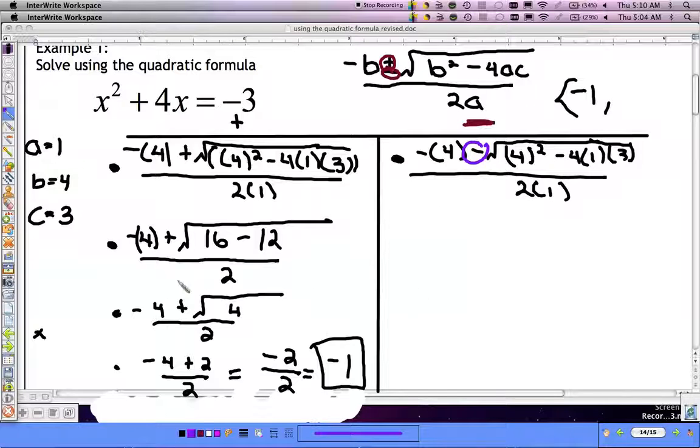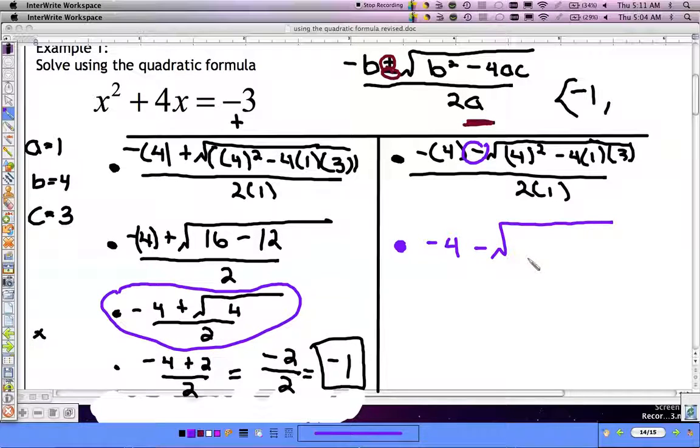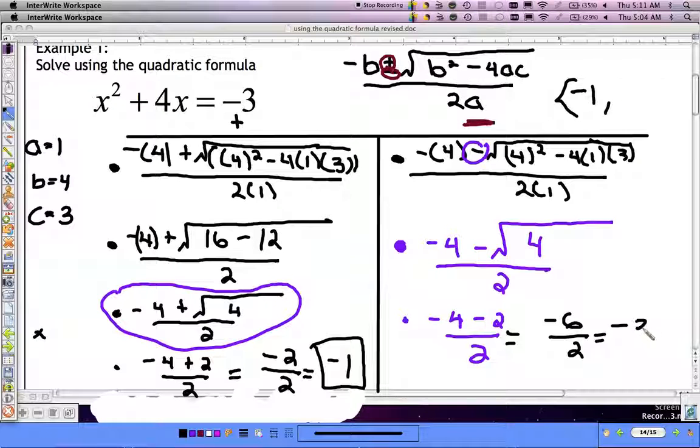So we can really just jump down to this step right here and say it's going to be negative 4 minus the square root of, I know that everything inside of the radical is going to turn into 4, and then divided by 2, which is negative 4 minus 2 over 2, and that will be equivalent to negative 4 minus 2 is negative 6 divided by 2, which is equal to negative 3. So now let's put that in our brackets.